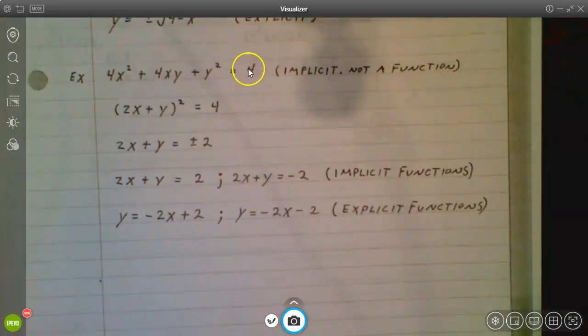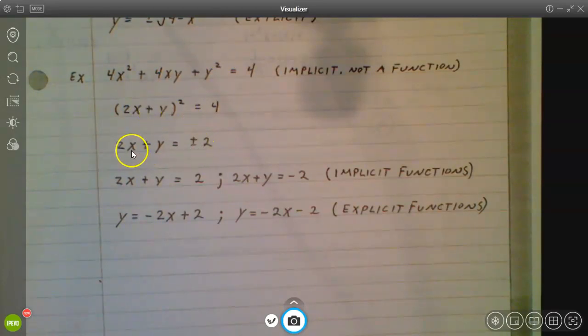Again, here's a function where it is implicitly defined because we have the variables on the same side. If we were to go through and simplify this, I took this guy, which is a perfect square, factored it, and rewrote it as a quantity squared. So this is the same thing as this, just the factored version of it.